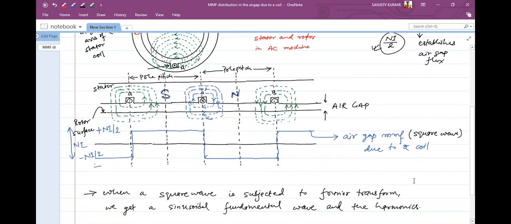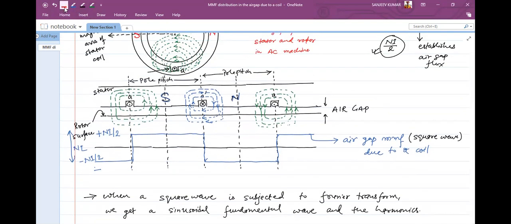So if we draw that sinusoidal fundamental waveform, what will be the shape? It will start here, its peak will be here, and it will go there.